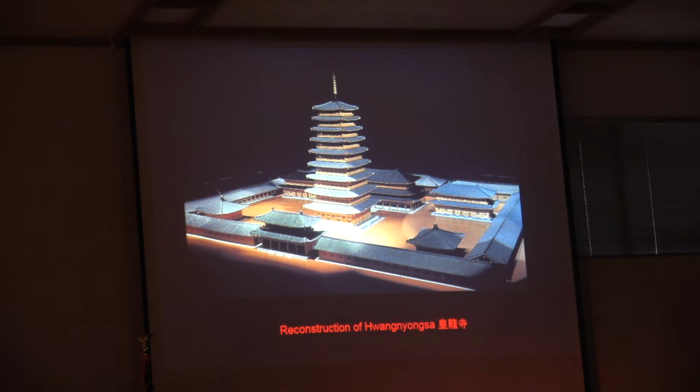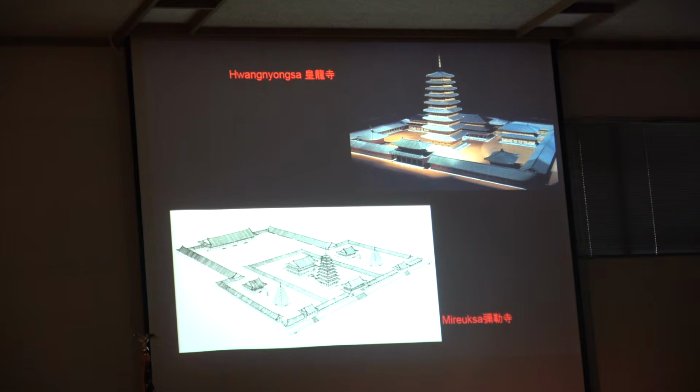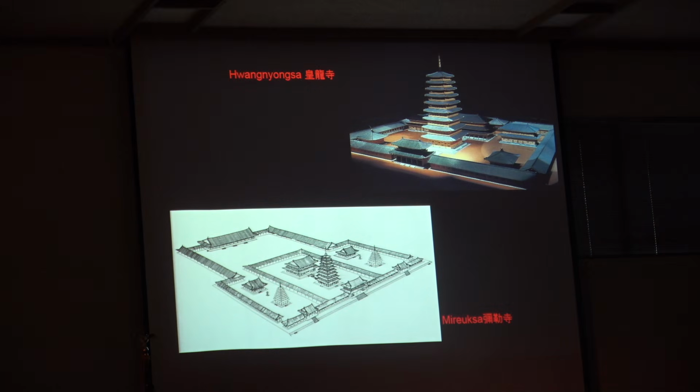Hwangnyeongsa had a towering pagoda, that's for sure. A reconstruction like this relies on the most advanced archaeological survey and measuring and calculations of how large the site is, and knowing that it had a wooden frame, how tall the pagoda would have towered. So the Hwangnyeongsa with its towering pagoda, the one I just showed you that has 3 building periods, 3rd building period on the right, and the Miruksa.